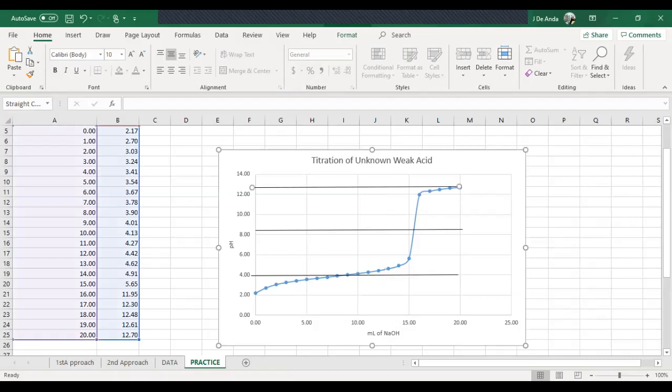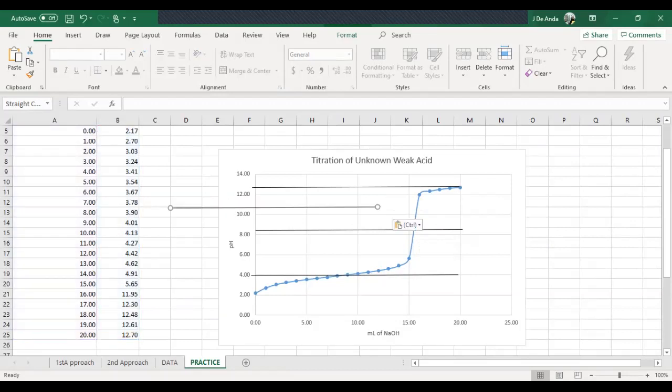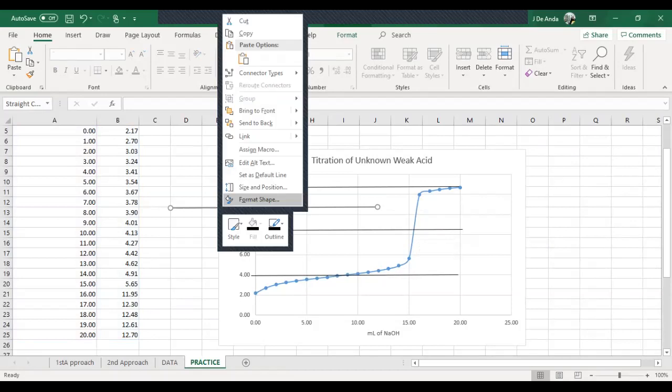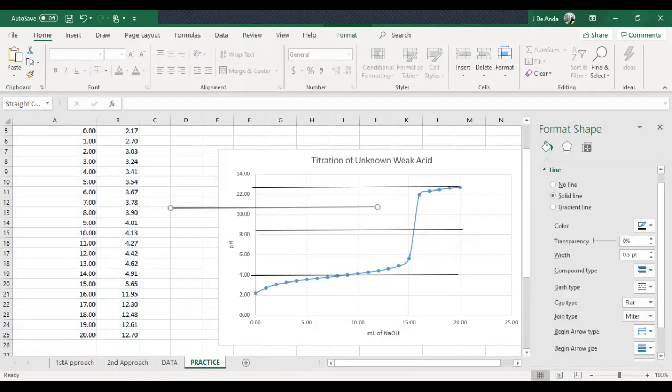All right. So I want to find out how many milliliters of NaOH did it take to get to this point here. So I'm going to run another line here. And then what I want to do is I want to change its color. So I'm going to format it here to make it red.